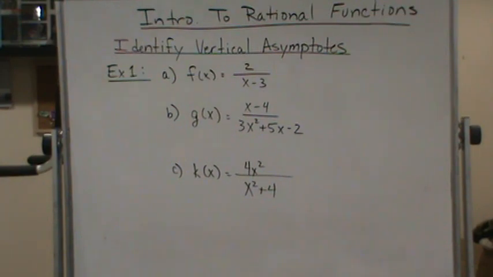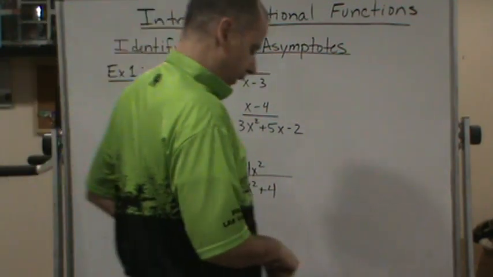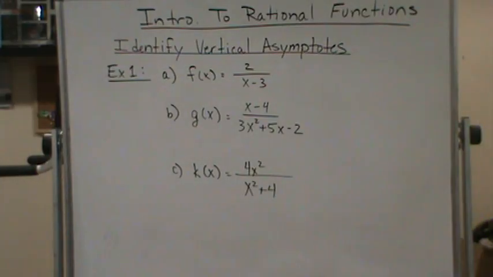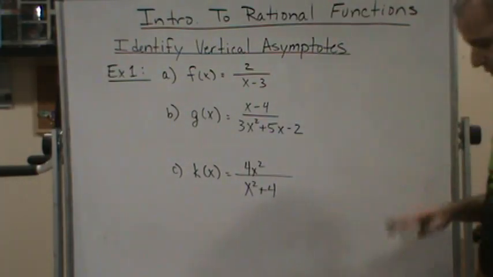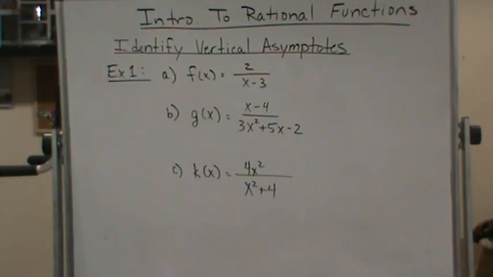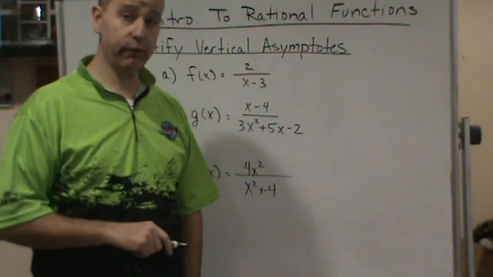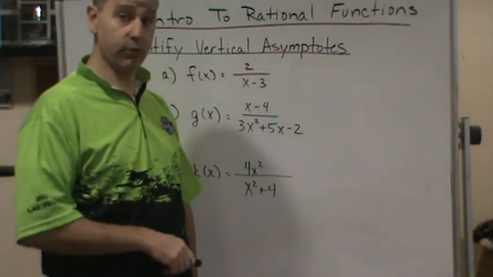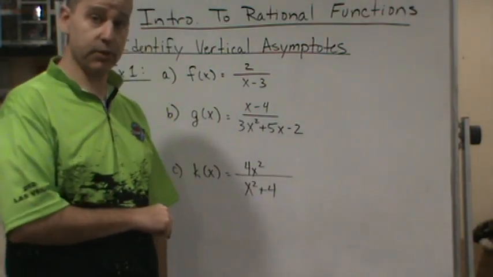All right, let's do an example here where we're going to identify vertical asymptotes. Just to recap, remember what we're going to look at is we're only looking at the denominator. In other words, another way to look at this is we're looking for all of the restricted values of each of these rational functions.